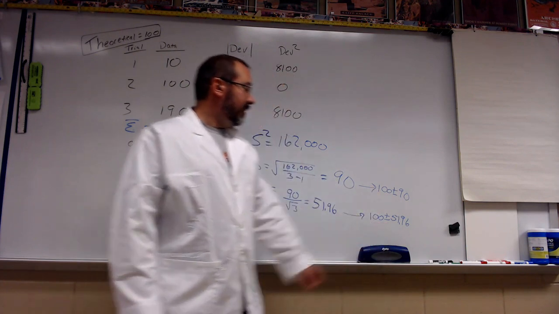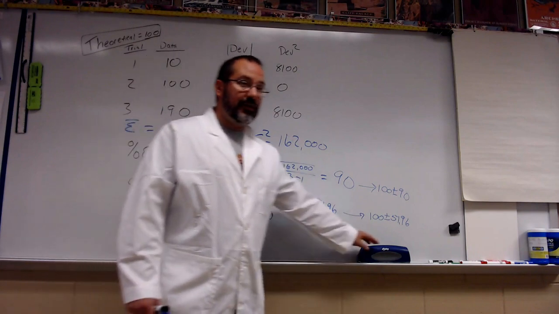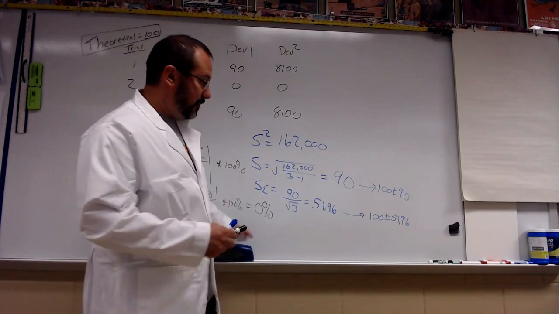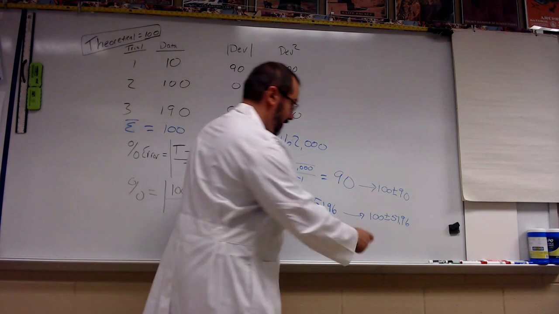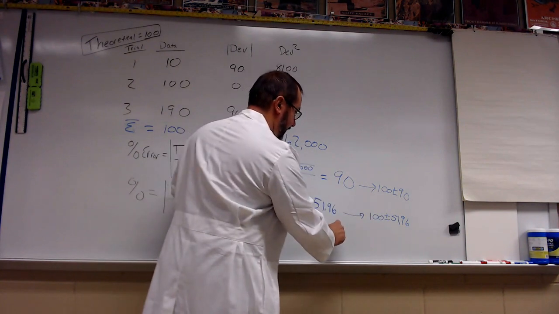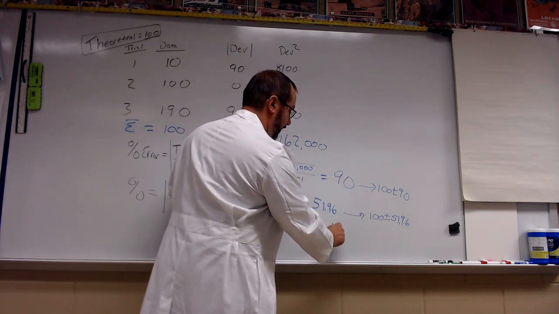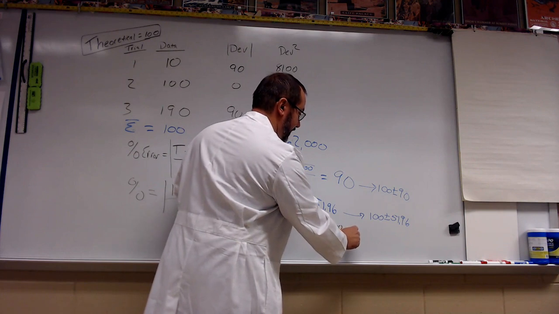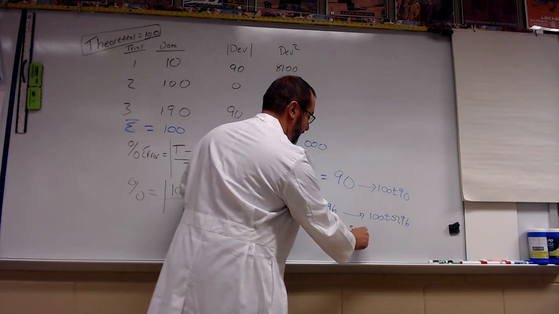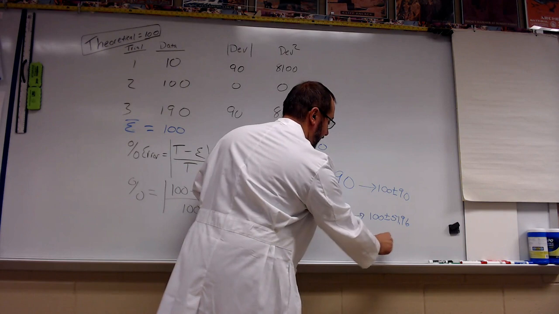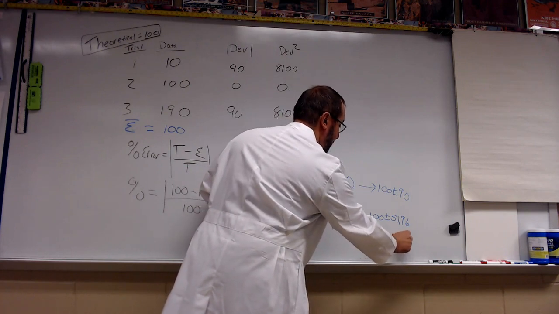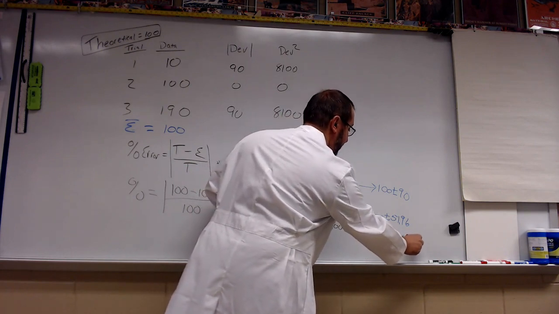The standard error is 51.96, and what that says is that if you take 100, you would have a range from 100 minus 51.96 up to 100 plus 51.96.